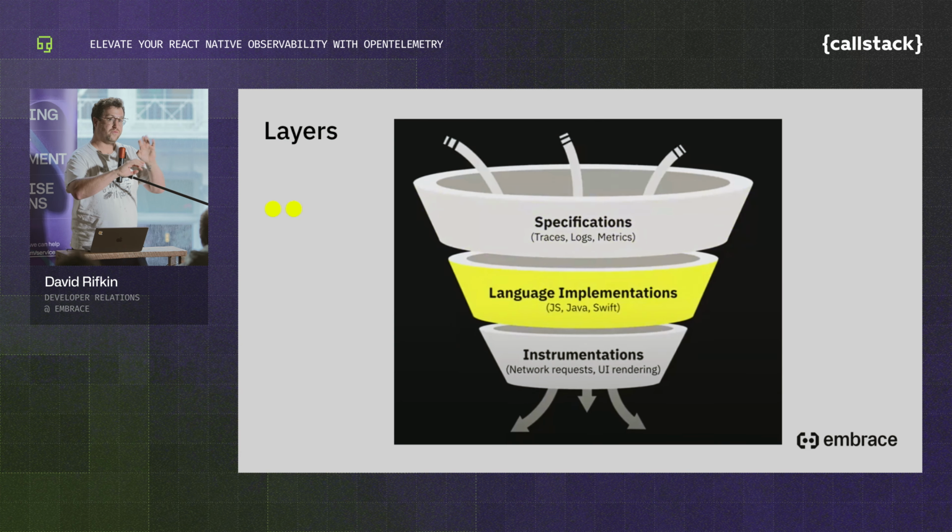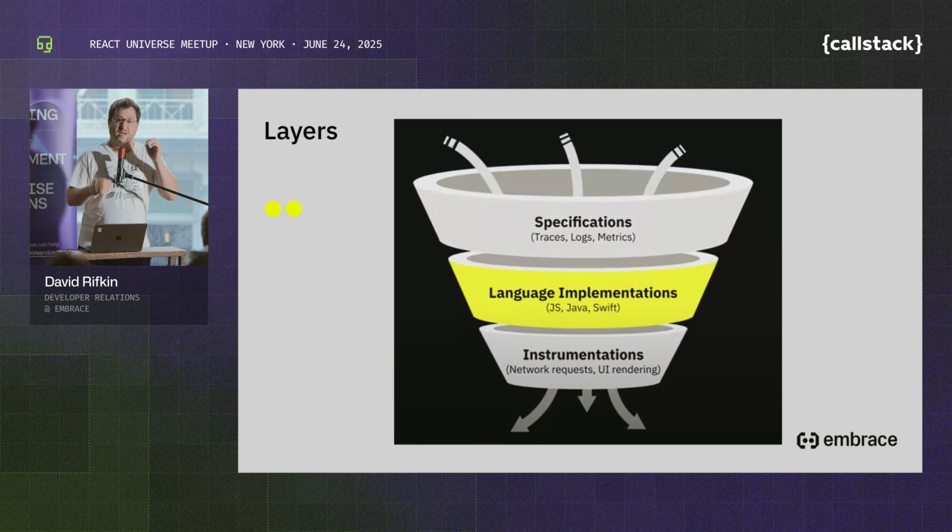So those were all really fancy words, really nice concepts. At the next level, we're implementing in every language that might want to get production data the concepts from the spec. So we don't just have traces, we have traces in JavaScript. We have logs in JavaScript. We have metrics in JavaScript. Or they're in Go, or they're in Java, or they're in Swift.